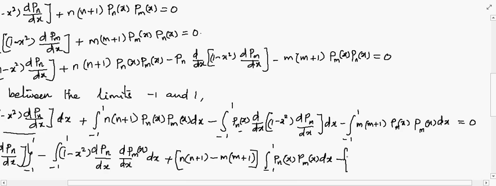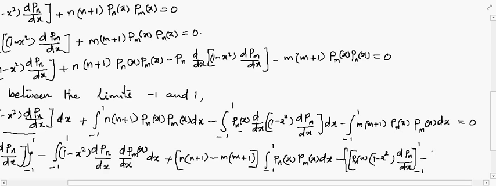So uv will become Pn of x into 1 minus x square into dPm by dx. Okay, this we have to apply the limits between minus 1 to plus 1.